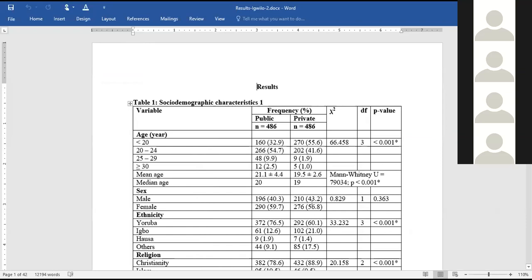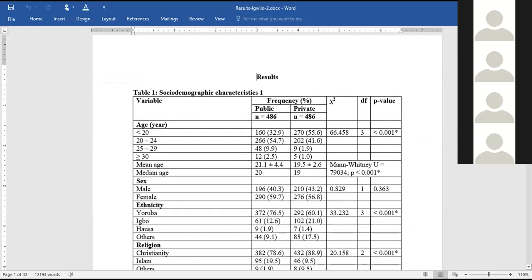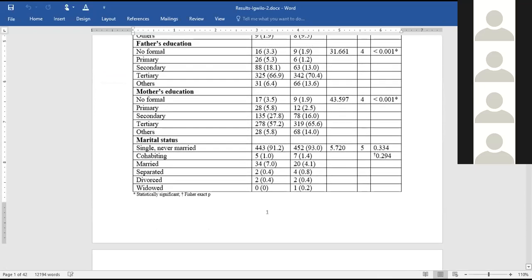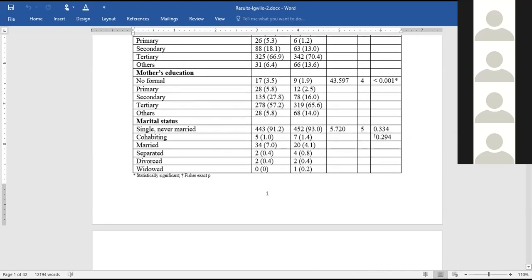I'm looking for a table that has extremely small values. Let's look at marital status. In this table, we have 6 rows and 2 columns, so we are having 12 cells.